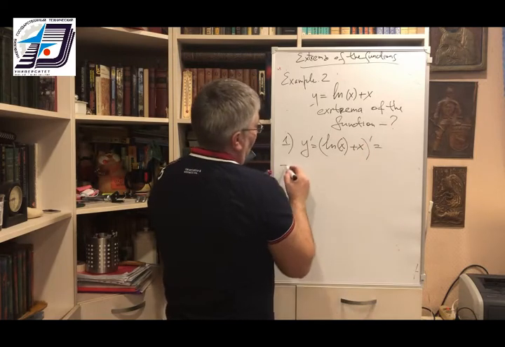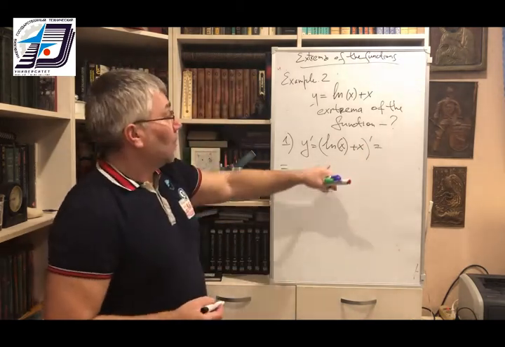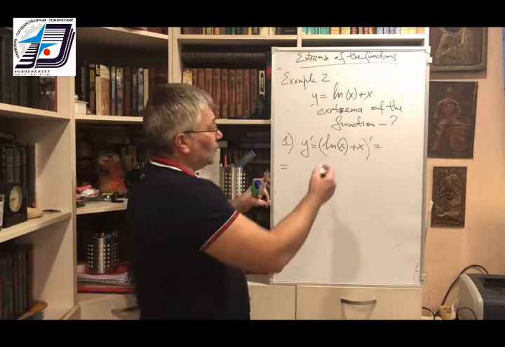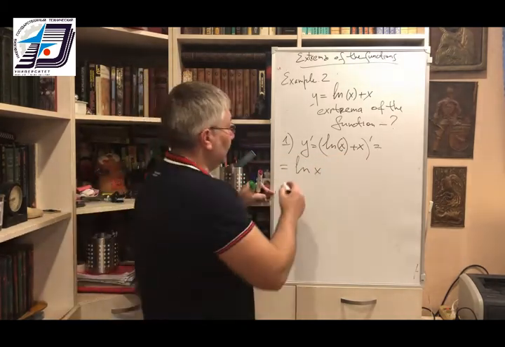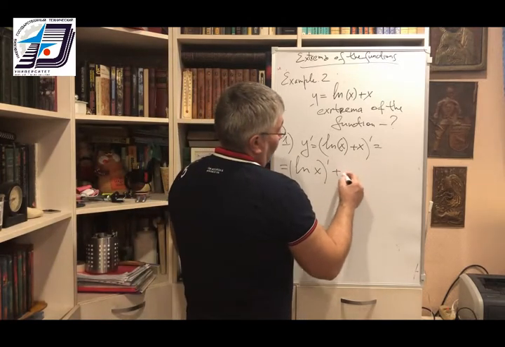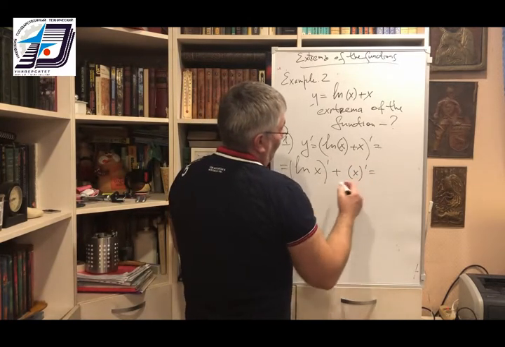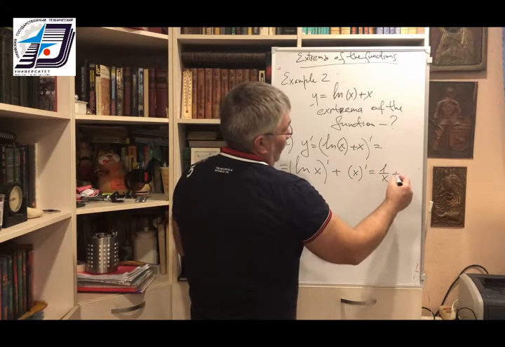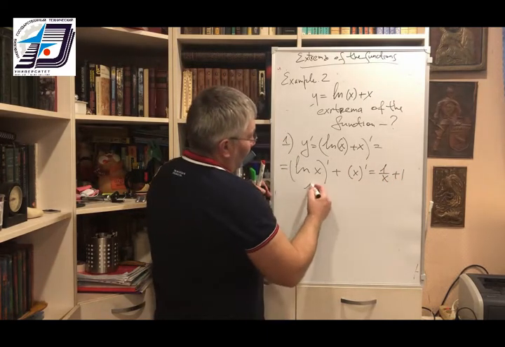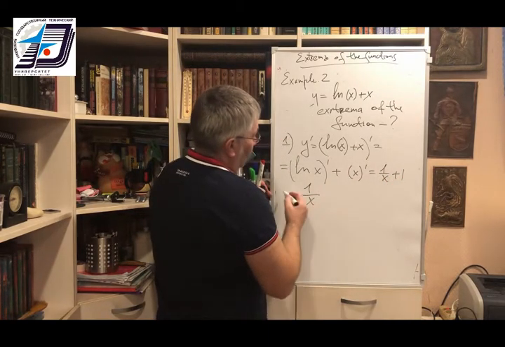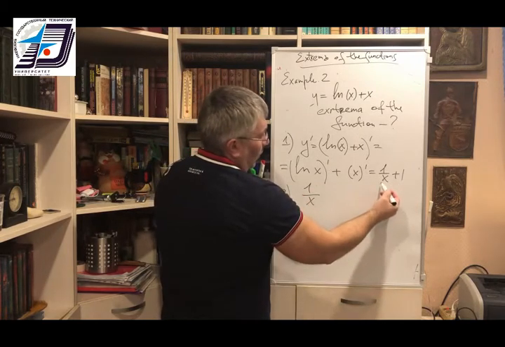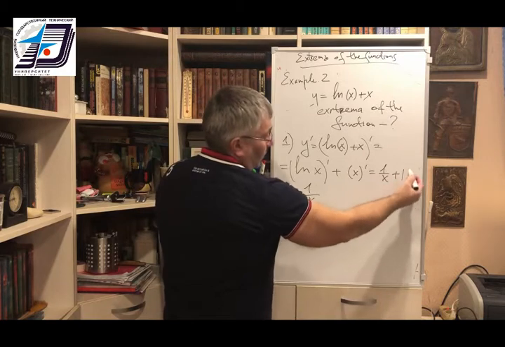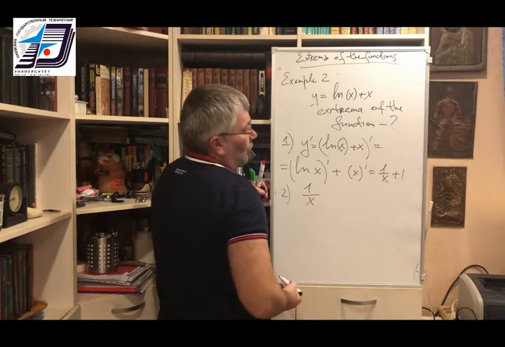I have to use the same rule because I have a summation of two functions and I have to calculate the derivative separately. I have 1 over x plus 1. And the second step, I have to make the equality, define x when this expression turns into 0.